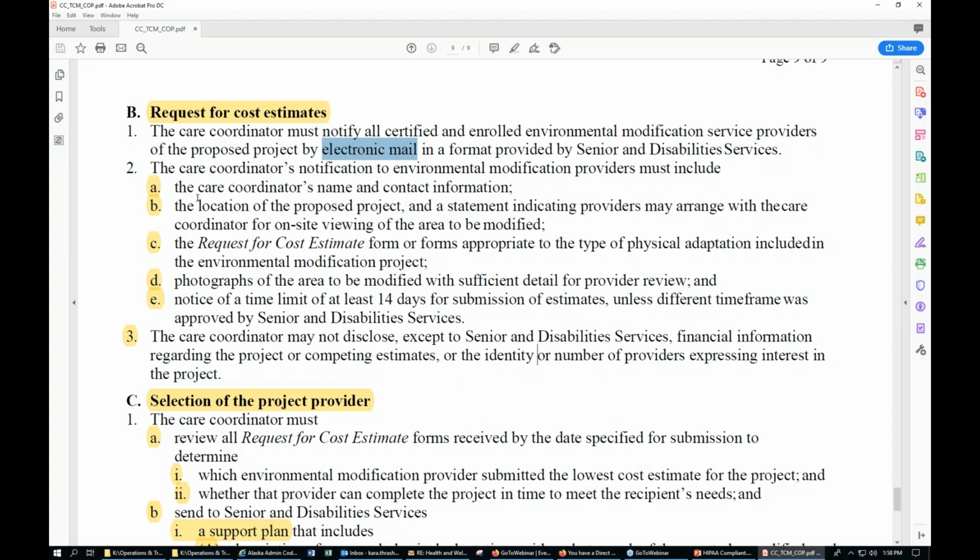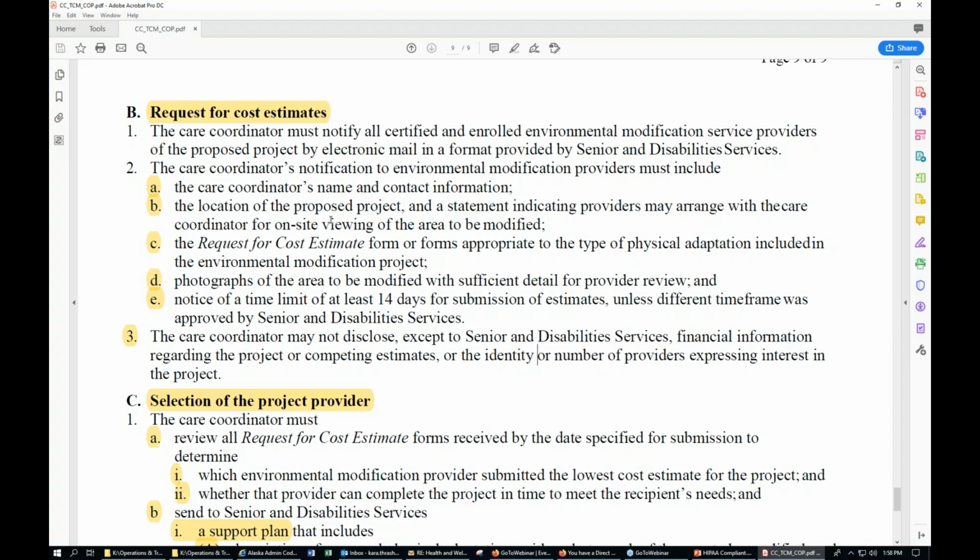Your notification must include care coordinator's name and contact info, location of the project, a statement indicating the provider can arrange with the care coordinator for on-site viewing of the area to be modified, request for cost estimate form or forms appropriate to the type of adaptation included in the EMOD.